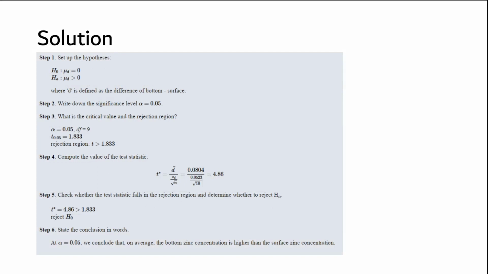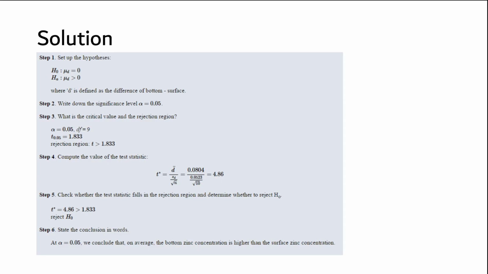To determine whether there is any difference between the zinc concentration in the surface water and the bottom water, we conduct the paired t-test. First we set up the null hypothesis, mu d equal to 0, and the alternative hypothesis, mu d more than 0. Then we define our significance level, alpha equal to 0.05.